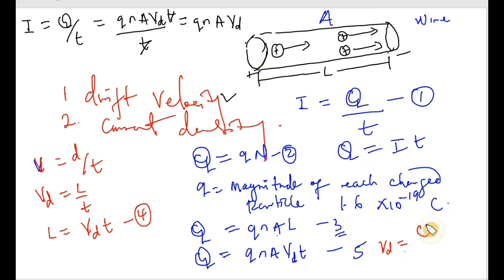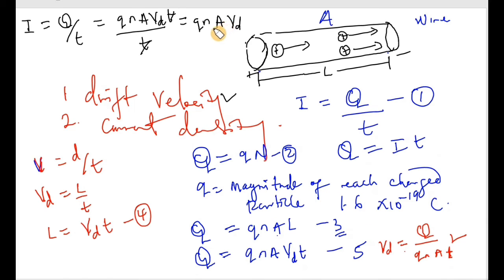This is the formula for drift velocity, where Q is the total charge, q is the magnitude of each charged particle, n is the number of charged particles per unit volume, A is the cross-sectional area, and t is the time.